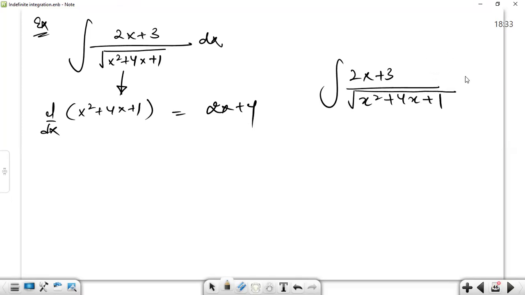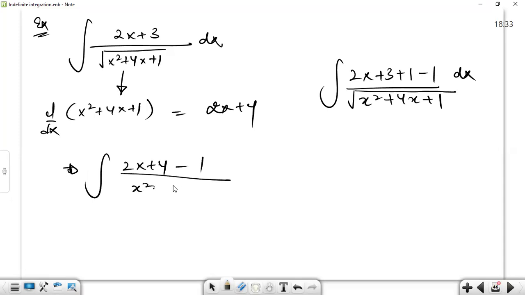Do you have any idea what we'll do to make 3 as 4? Mathematically, we won't do magic. Simply we will add 1 and subtract 1, so that 2x plus 4 will be there in the numerator. So now it is (2x plus 4 minus 1) upon x square plus 4x plus 1, dx.